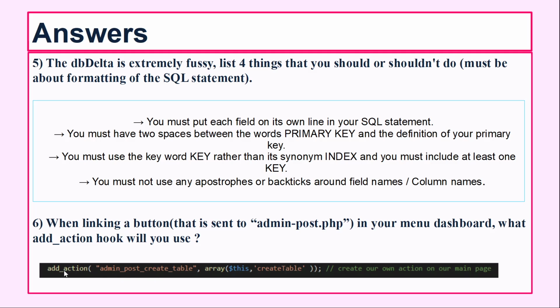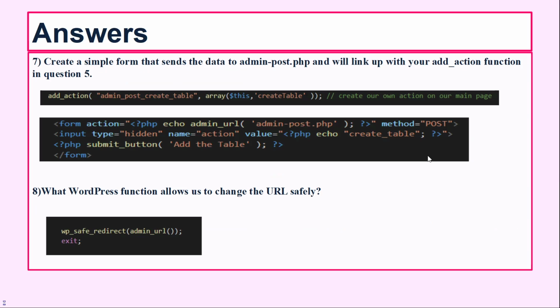Then you have to add the admin_post_ and then the variable that you created in your form. So that has to match up, and then once that is loaded in that admin post, it will search what is this value. If it's the same, it'll execute the method that you've attached onto that hook.